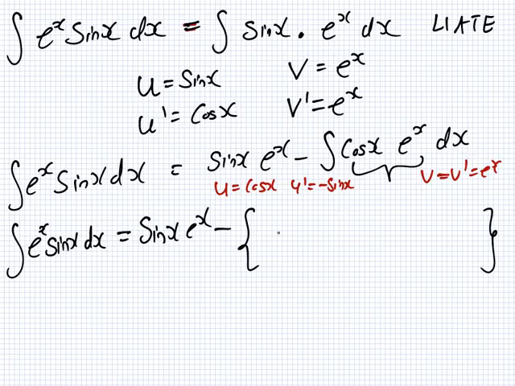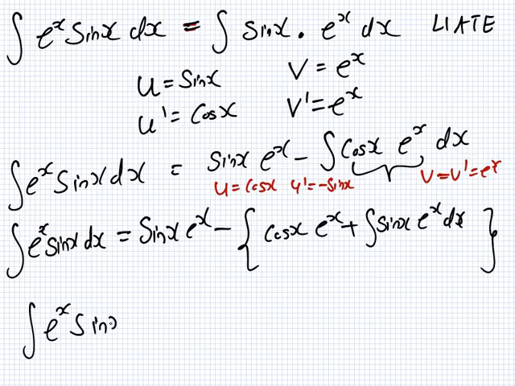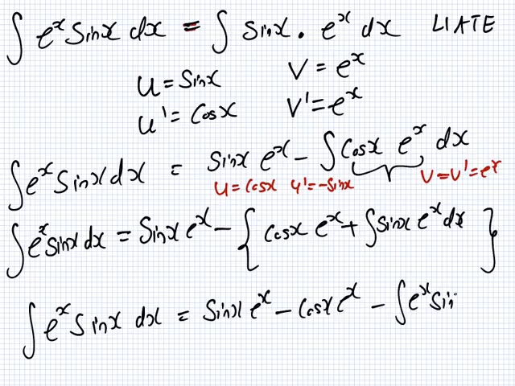So this now equals uv minus the integral of the u derivative, which is minus sin x, times e^x dx. So now we have the integral of e^x sin x dx equals sin x e^x minus cos x e^x minus the integral of e^x sin x dx.